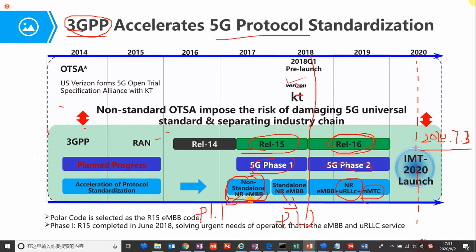Phase 1.1 just focuses on eMBB, and phase 1.2 supports eMBB and some URLLC. This is the standardization.